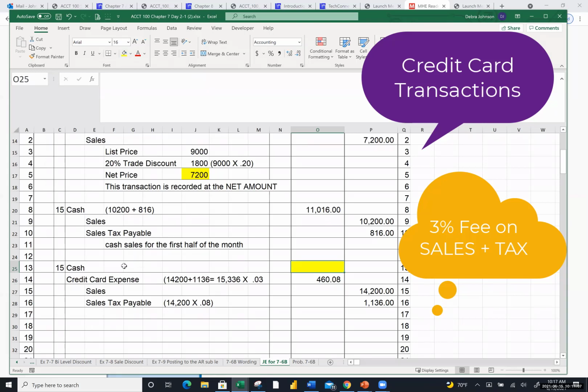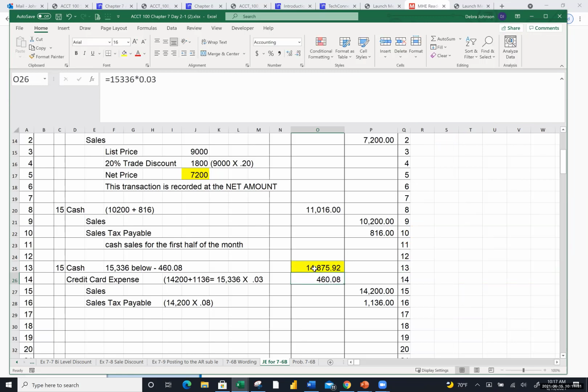And so the cash is for the rest of it. The cash is that same 15,336 that we just did below, less what the bank gets their grimy hands on. Okay, that's how much we get. So 15,336 less what the bank kept. Here's what I got for the cash.